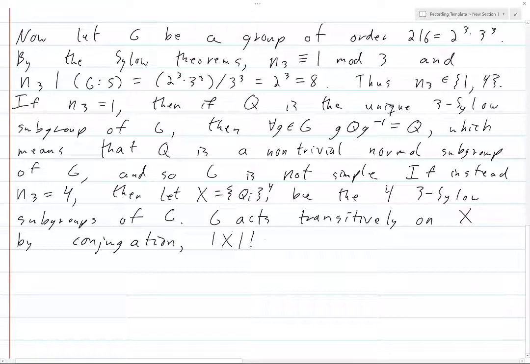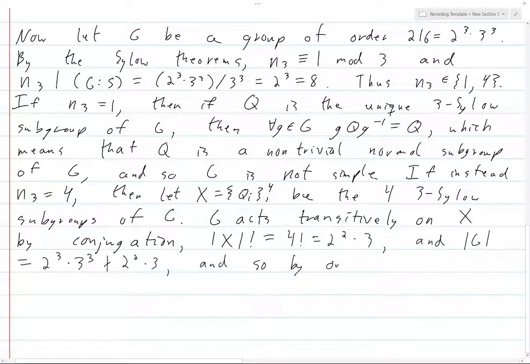So X factorial is 4 factorial, which is 2 squared times 3, and the norm of G is 2 cubed times 3 cubed, which does not divide 2 squared times 3. And so by the contrapositive of our lemma, G is not simple.